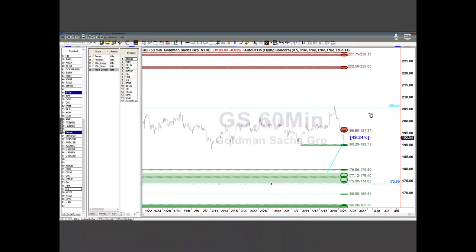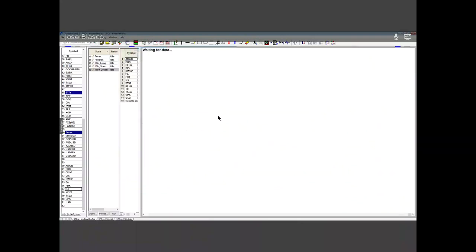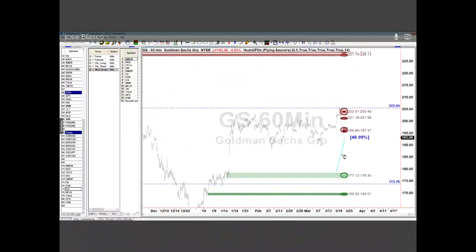And if I was to do that, I could plan a non-directional trade with Goldman Sachs, where the expectation would be to have Goldman Sachs remain trading in this sideways mode for a while, ranging between 173 all the way to 205, and that should happen for a while.